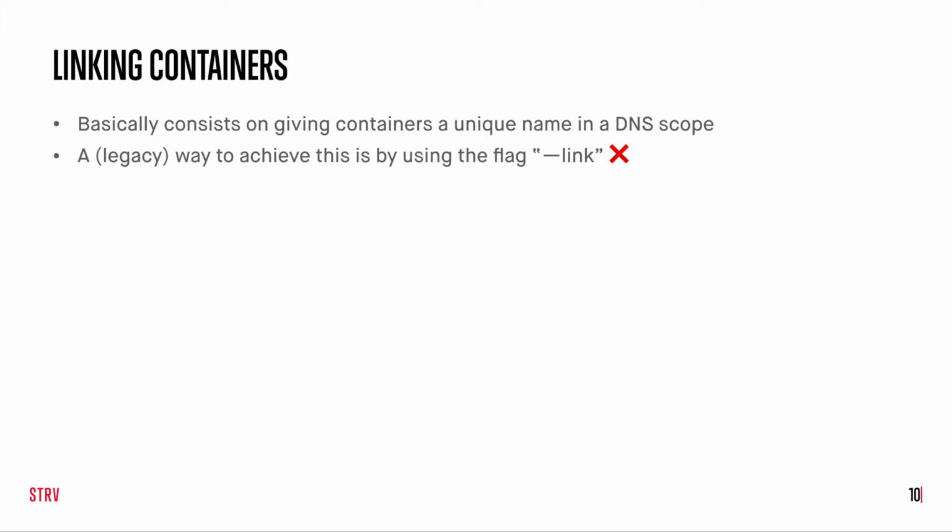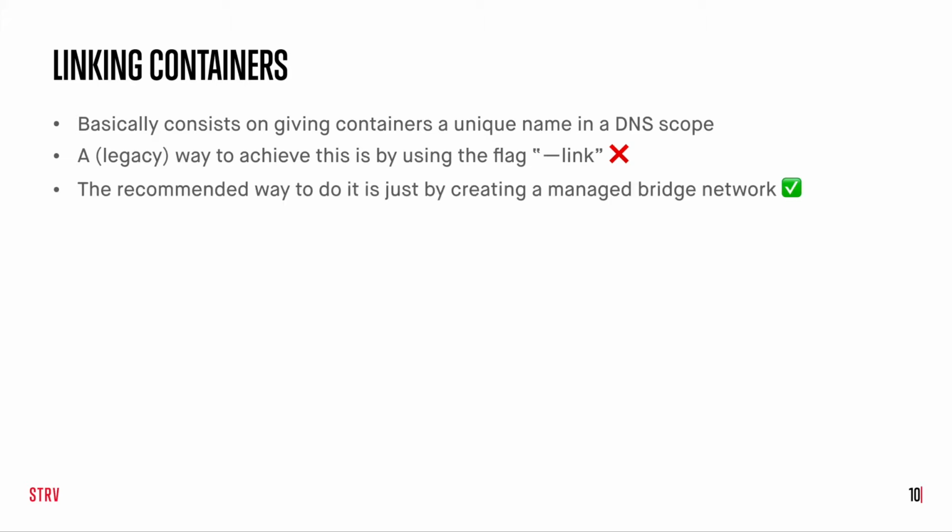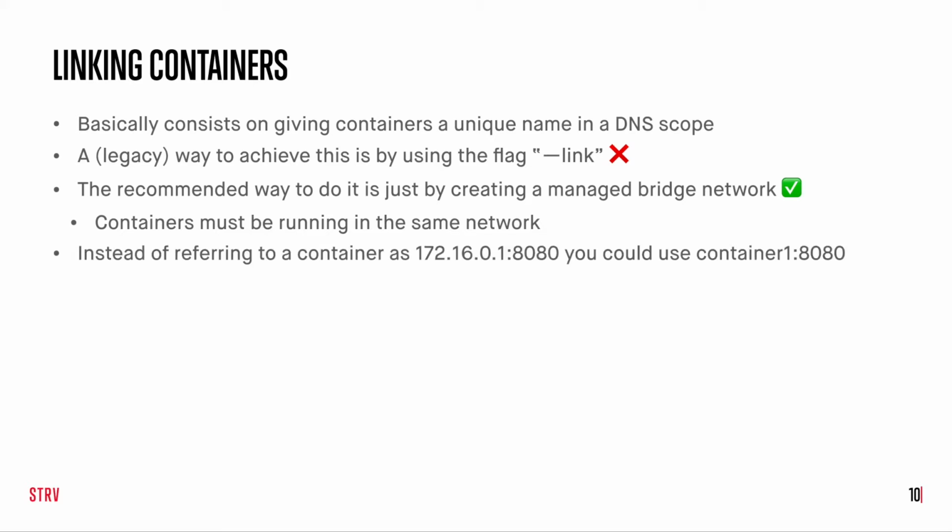But it's a legacy way from previous versions of Docker. Right now the recommended way is to create a custom bridge network and put the containers into that. This will, by default, manage the container linking, and it also does more for you.